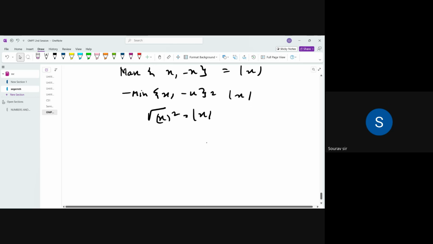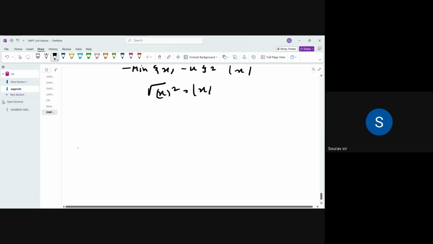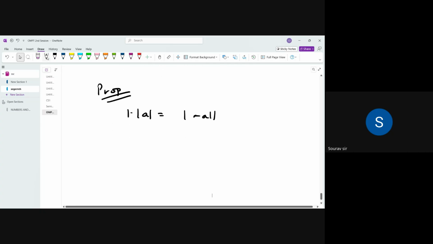Okay, so there are certain properties of the modulus. First, |a| is always equal to |minus a|, because both values are the same. Minus of a and plus of a are all the same, no? This is one.